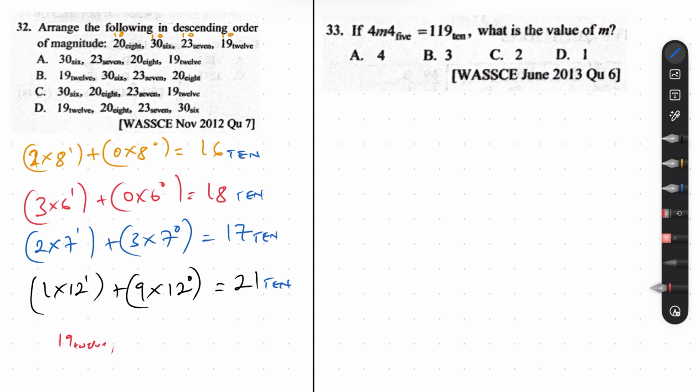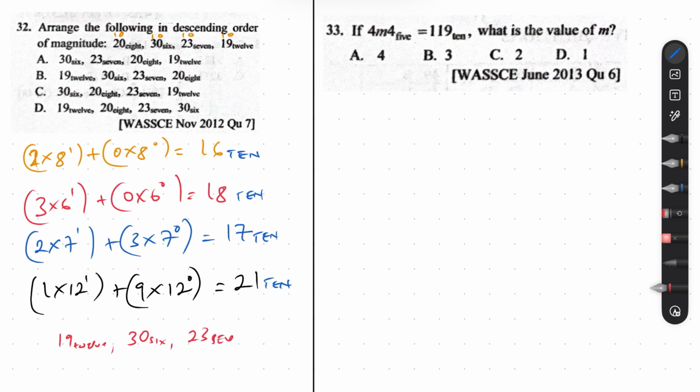Okay? Followed by what? 18. 18 represents what? 30 base 6. Okay, so we write that, 30 base 6, comma. Then moving on, we go to 17, which represents what? 23 base 7. Okay, 23 base 7.